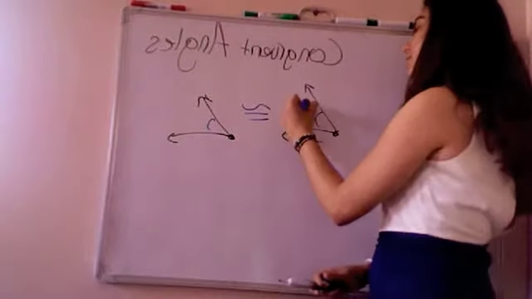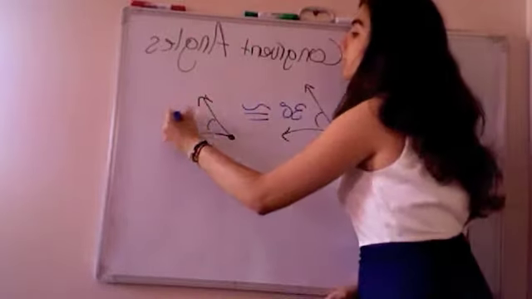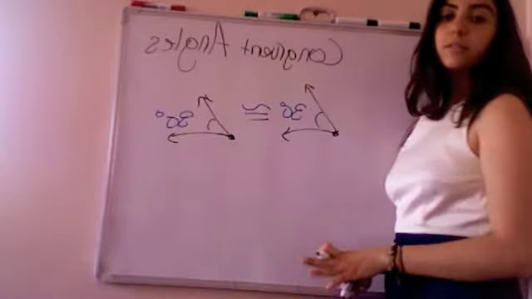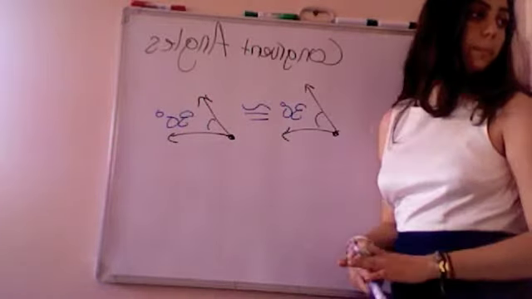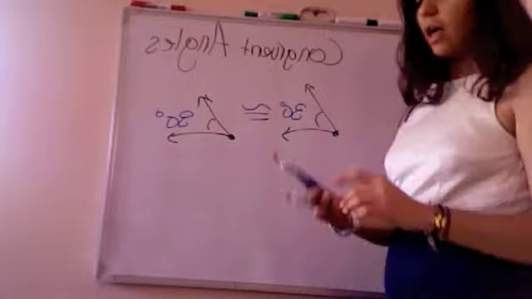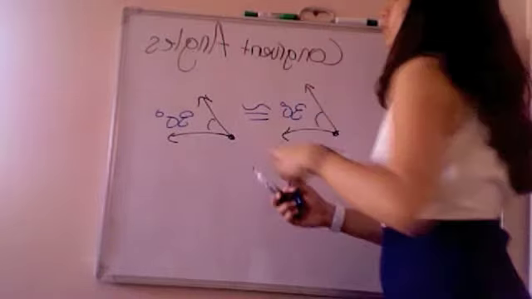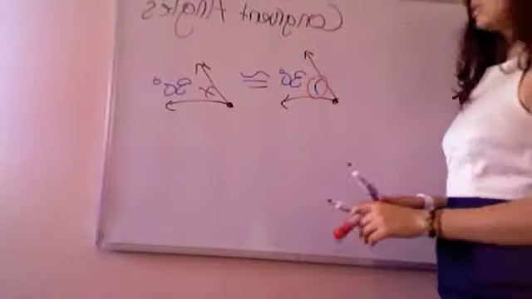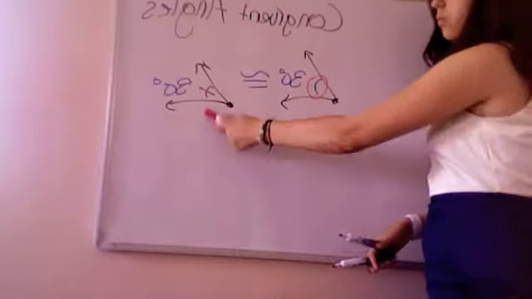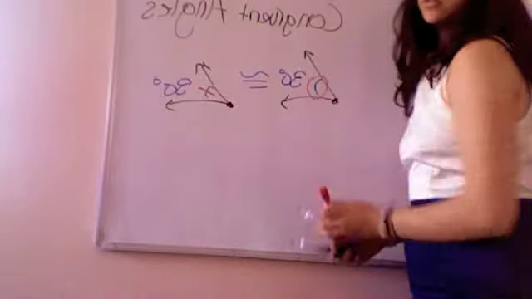For example, this angle is 30 degrees, and this one is as well. And that is represented by this, or a line crossing it.